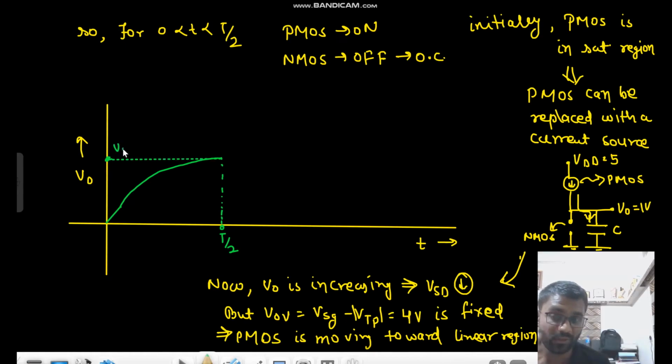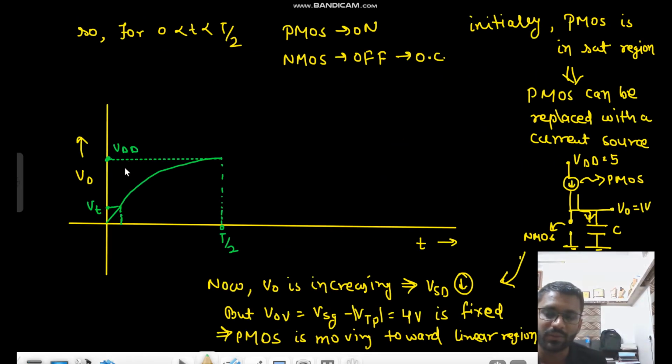So from 0 to VDD it will charge. We don't know the value of time, but we know that this is the value VT, when V naught is equal to VT, or 1 volt, as we have seen. After that we are going into the linear region. So this is the linear region and this was the saturation region, right?